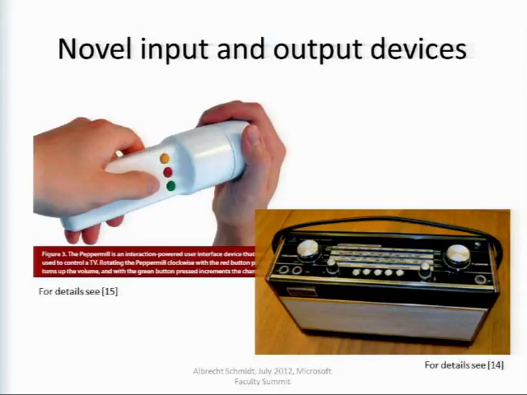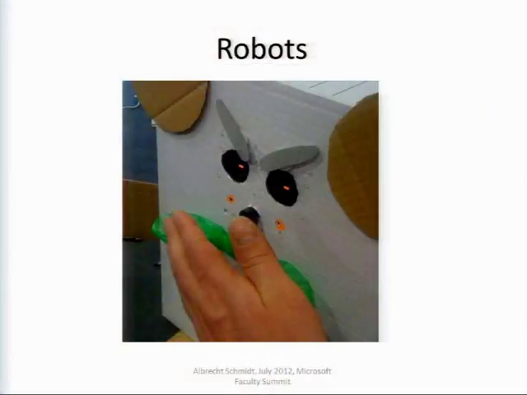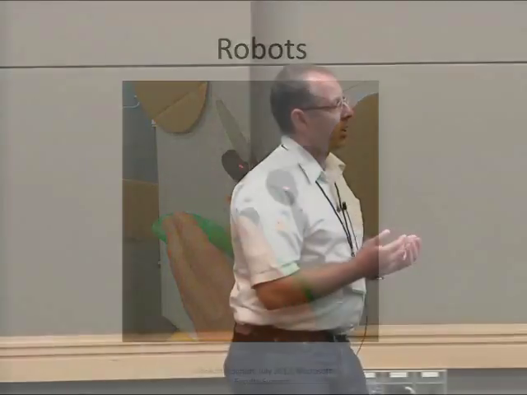If you look to the interaction community, there are new input and output devices; here are two examples. And finally, an example we have seen already from a workshop, the whole area of robotics. There are a lot of other platforms out there, and what we see is that those platforms can work together. I think it's a lot about sensing, actuation, and the ease of creating systems.